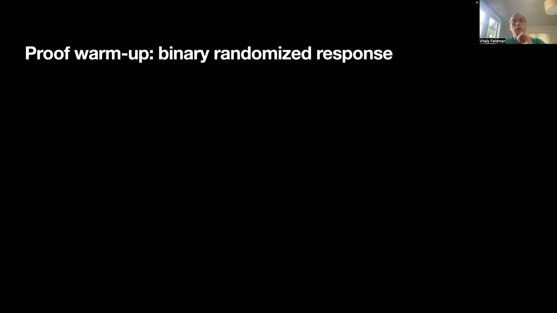Let me now talk a little bit about how we prove this result, just to give you the intuition behind the main idea that we introduced to the analysis of privacy amplification. But before going there, let me describe how one would analyze specifically the binary randomized response.